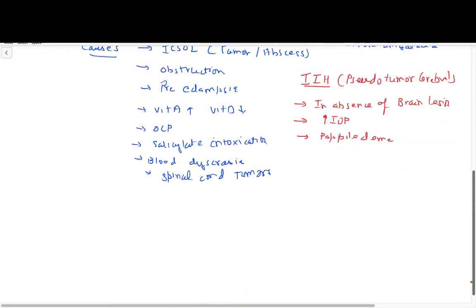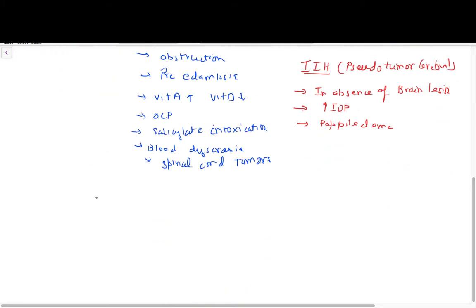Now, what is the treatment of papilledema? Remember, for treatment of papilledema, you have to treat the cause. So if you have causes like preeclampsia, salicylate intoxication, OCPs, or blood dyscrasia, you have to treat the cause. Another important cause of pseudotumor cerebri in females is weight gain.